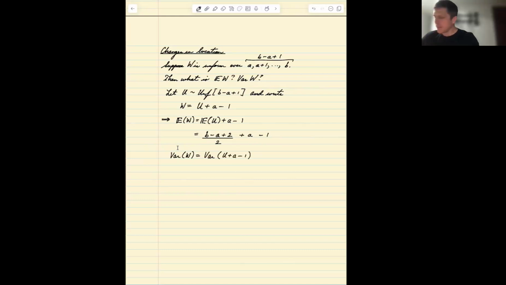Remember that variance is unaffected by shifts, so changes in location. So this is just the variance of U, which is ((b minus a) squared minus 1) divided by 12. So that is the discrete uniform distribution, which we've seen in rolling dice and in other applications already.